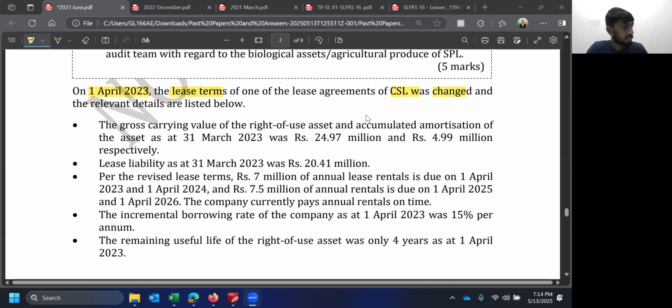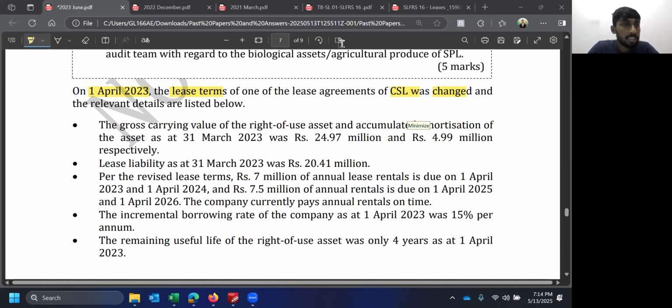Since there's no change in scope, it's just a modification. Yes, exactly. So there is no change in the scope, no underlying assets are increased, right? Therefore, this is not accounted for as a separate lease. We have to remeasure the lease liability and recognize the remeasurement impact.